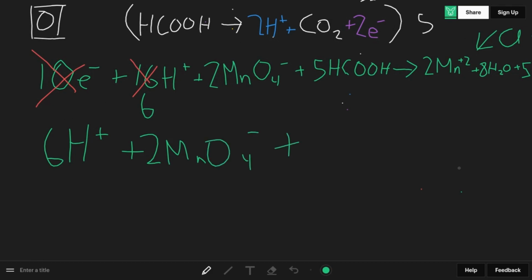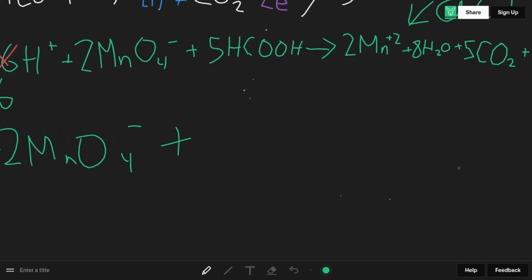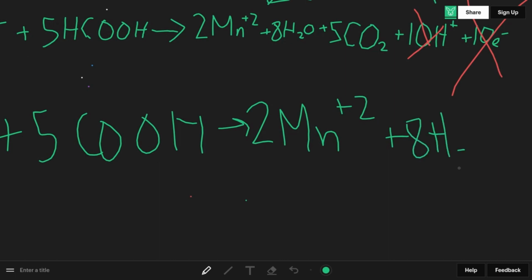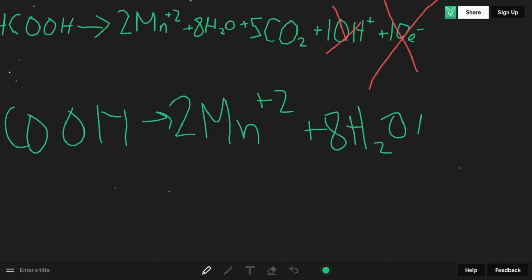What we want to do is, for each H+ that we have, we're going to add hydroxide, which is just OH-, to both sides, so it's even. H2O, and then 5 carbon dioxide.